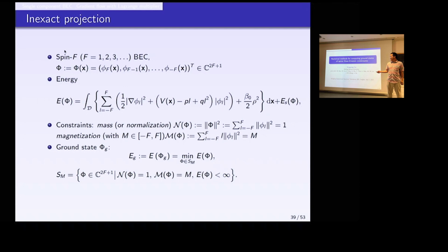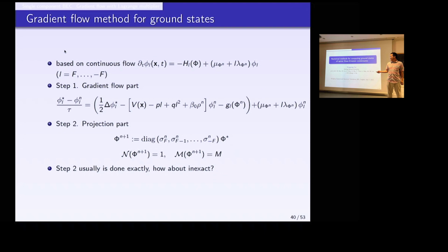Once we have this multi-component case and follow the Lagrange multiplier modification of the gradient flow, we can actually use inexact projections.